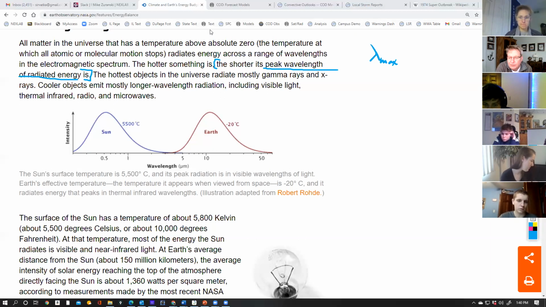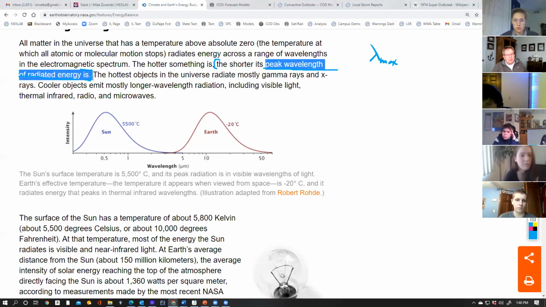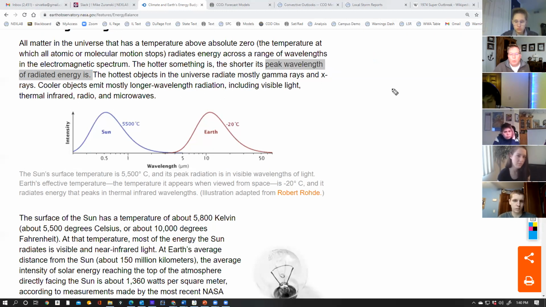So, sorry, what are you asking for? Well, I'm saying I have a sentence here and we didn't understand what it meant. It seems like it's an important sentence, doesn't it? Yeah. The hotter something is, the shorter, but we didn't know what it meant by the peak wavelength, and so you got hung up on that. And I said, well, I called it lambda max.